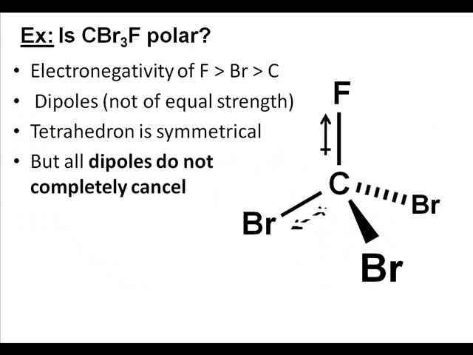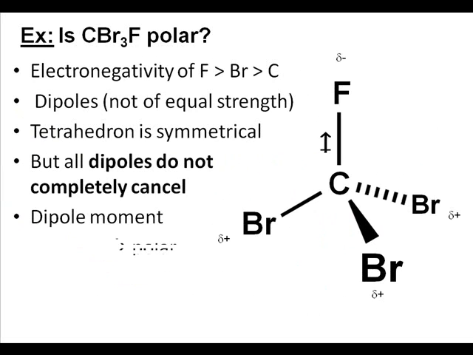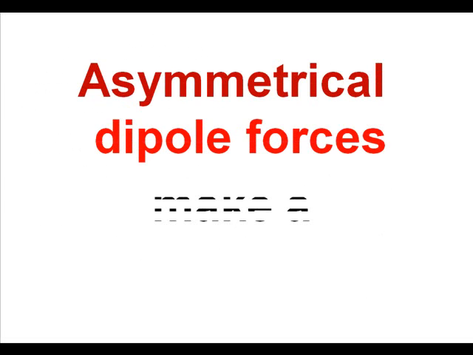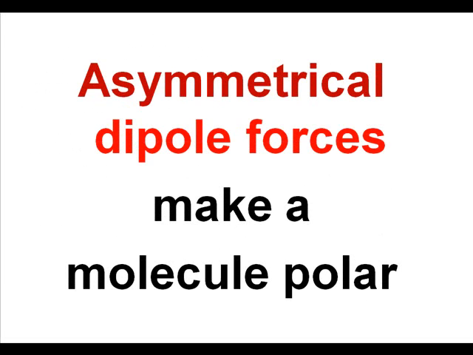So what happens is we do get some cancellation here of the polarity, but the bonds are not all equal. So the result is you get some cancellation, but the carbon to fluorine is still greater. And therefore, this molecule is considered polar.